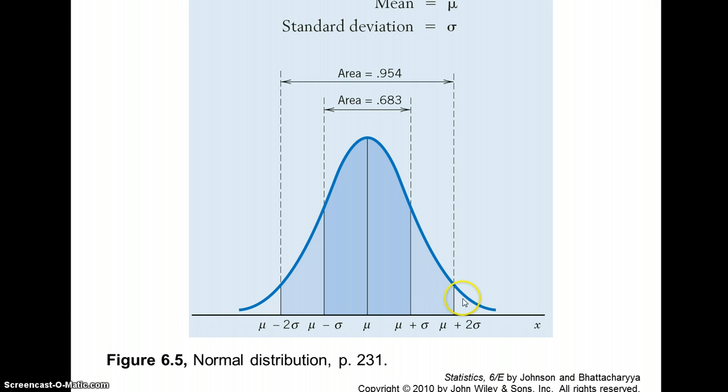So from here to here, the area under the curve given here is 0.954. That means 95.4% of people's height are between 5.5 and 7.5. I just picked random numbers, so my numbers may not be right here, but this gives you an idea what the normal distribution is.